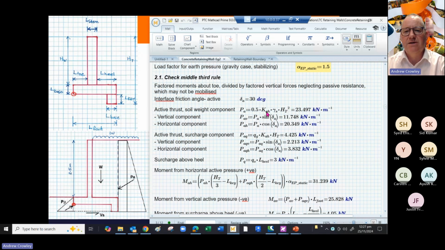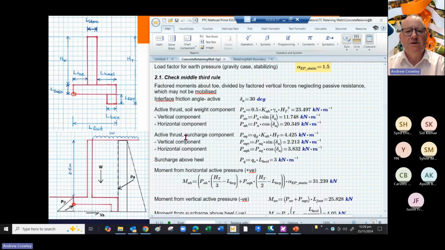And we take half of it because it's a triangular distribution. There is, of course, a vertical and a horizontal component to these because the active earth pressure is acting at an angle. So our active soil thrust, the horizontal component is 20 kilonewtons per meter, while the vertical one is 11. So that's for the soil.